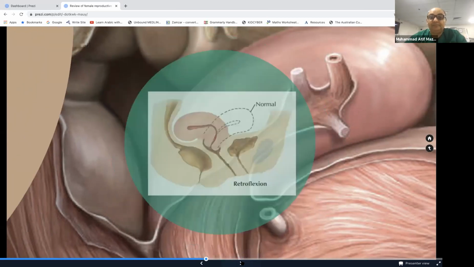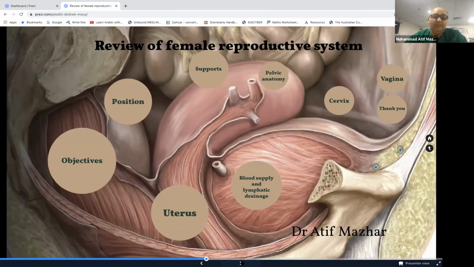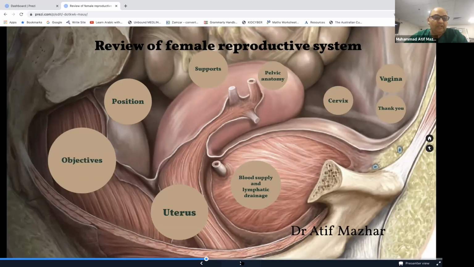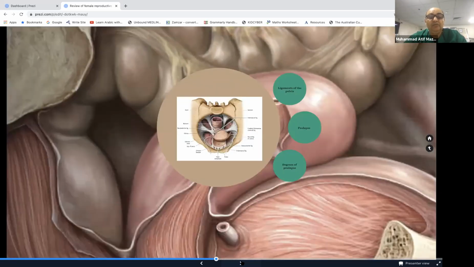Now, after we talk about the position of the uterus, I'm sure everybody knows how a uterus should be placed, and if it's not, we can explain it in terms of different degrees. After learning that, we come to the supports of the uterus. So what are these supports?